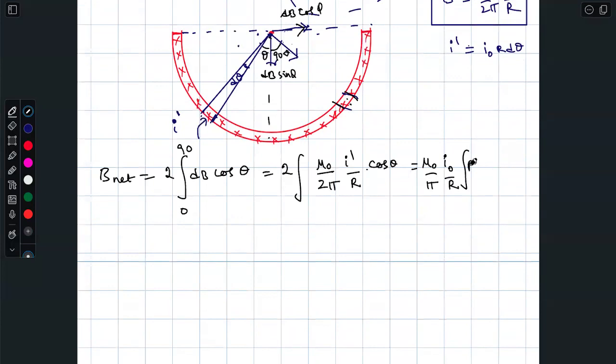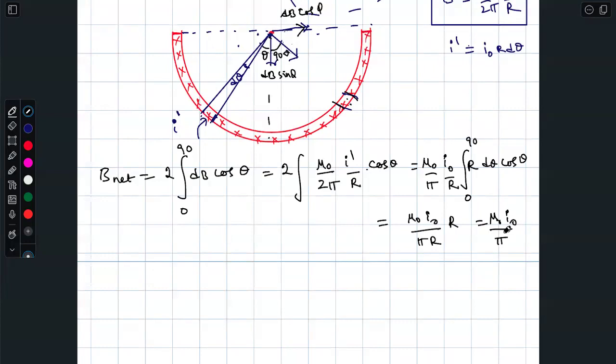So r d theta cos theta from 0 to 90. You'll get mu naught I naught by pi times r cos theta d theta, which gives sin theta equal to 1. So finally you get mu naught I naught by pi.